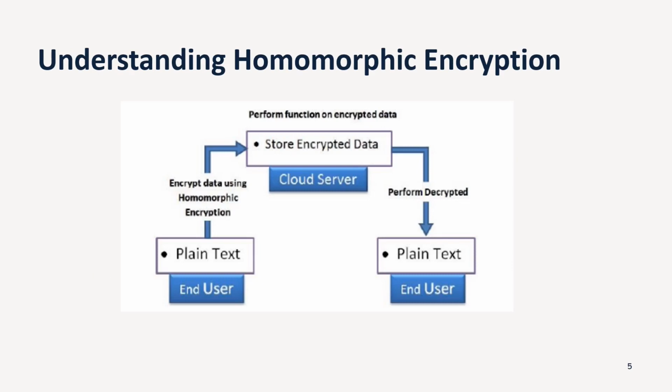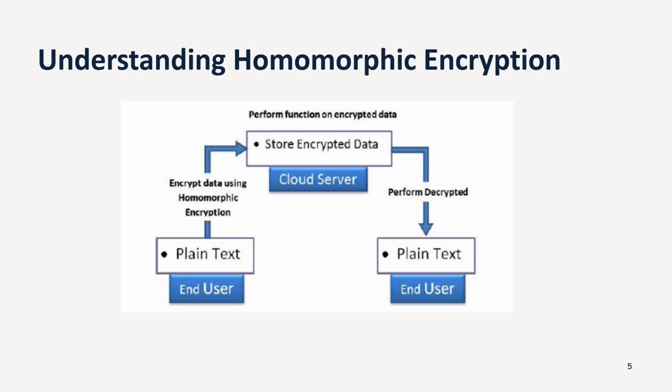Here you can see we have an end user that has some sensitive data in plain text. Before sending this data to the cloud server, it is going to encrypt it using the homomorphic encryption scheme. So when this data is sent and stored in the cloud server in encrypted form, that cloud server cannot read it, right? Because it is encrypted.